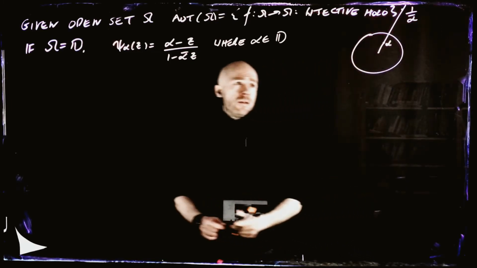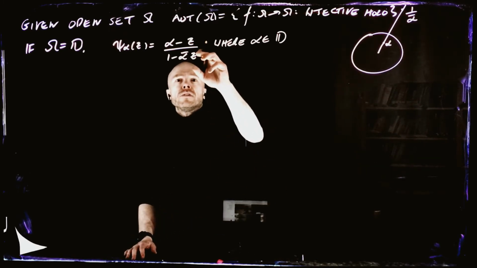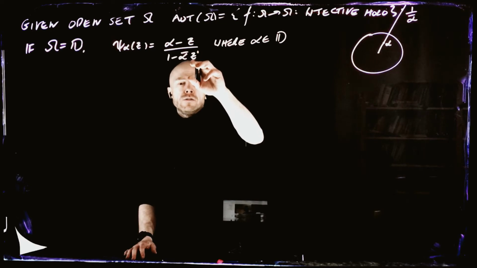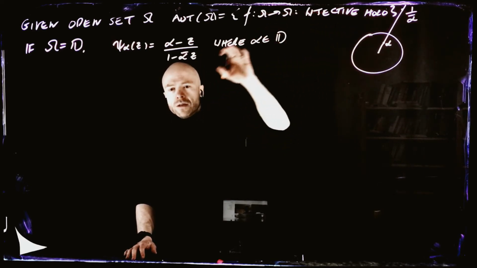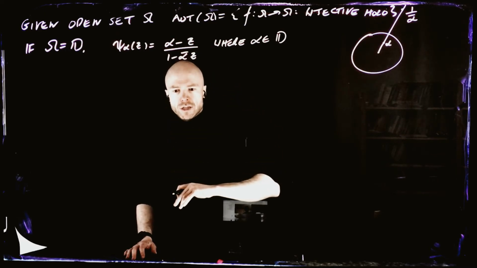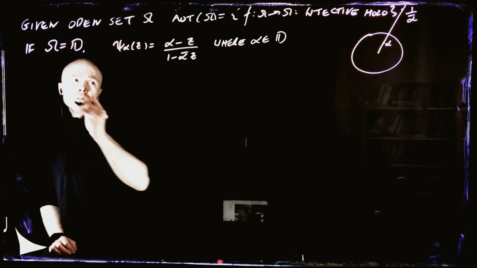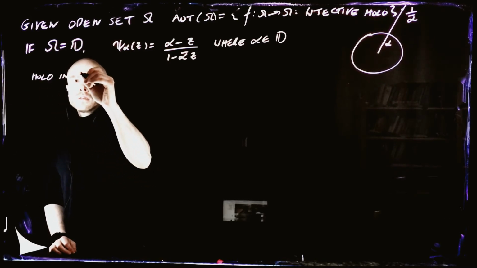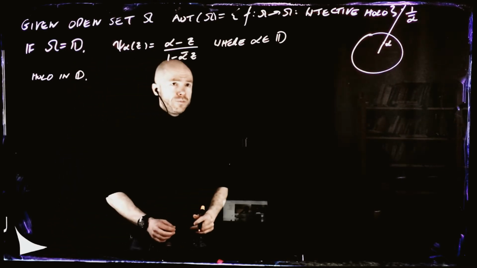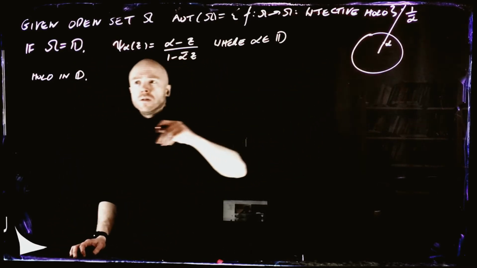So the only way that this thing becomes 0 is if z is equal to 1 over alpha bar. But 1 over alpha bar is well outside of the circle, so this thing is indeed holomorphic inside the disk. Yeah? And it's also going to map the unit disk's boundary onto the boundary itself.